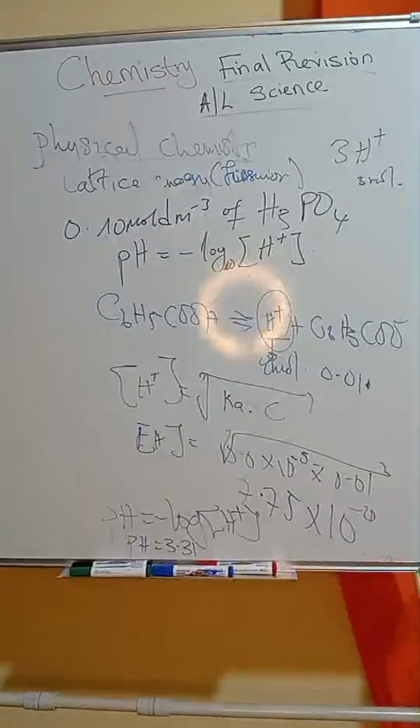When you see nitrogen and hydrogen, we are talking of ammonium. If you draw the shape of ammonium, there is a dative covalent bond and a covalent bond in it.